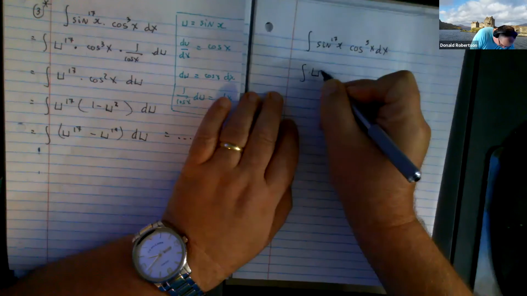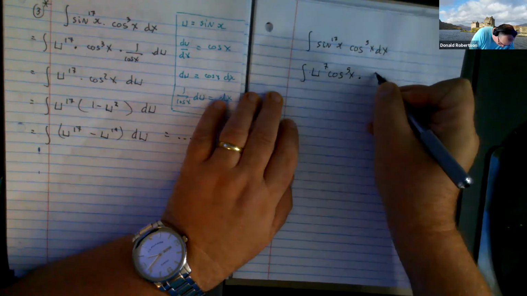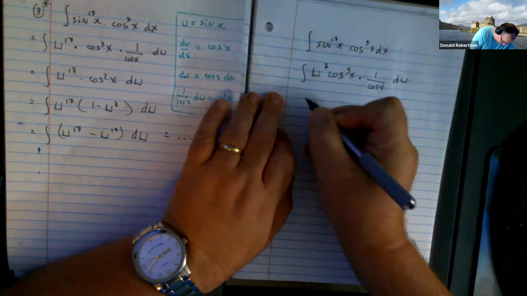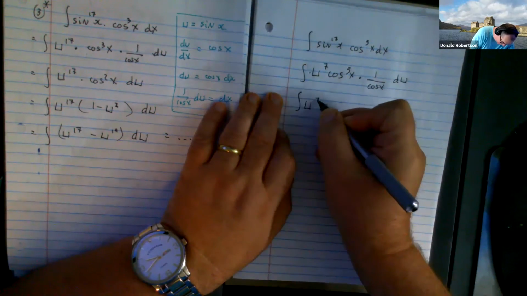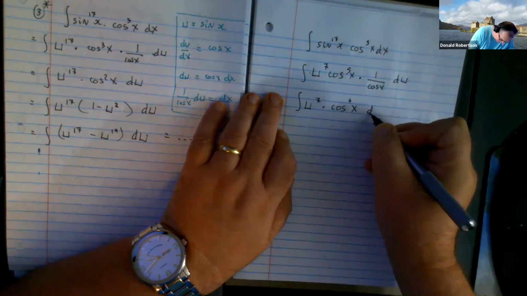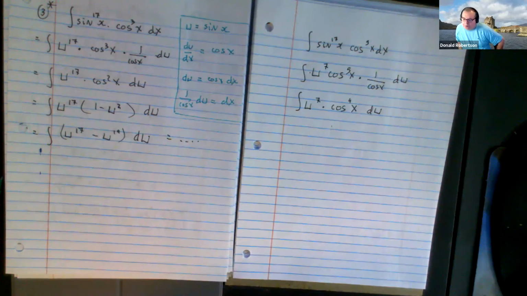So this is going to become u to the 17, that fella, 1 over cosine x du. And that is going to become that fella. The reason I wanted to do this is you're probably going to find sine squareds left over and cos squared left over.